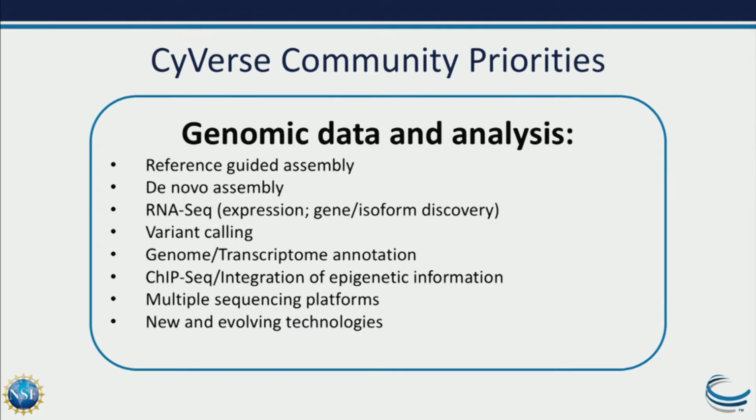Those priorities are actually the same things that we see as important several years later. Genomic data are still the big drivers of the big data analyses within biology. So when you come to CyVerse, you'll see that you have tools and services that will enable you to do everything from reference-guided assemblies, RNA-seq, variant calling, ChIP-seq, and really a large set of things having to do with the manipulation of sequence data sets.